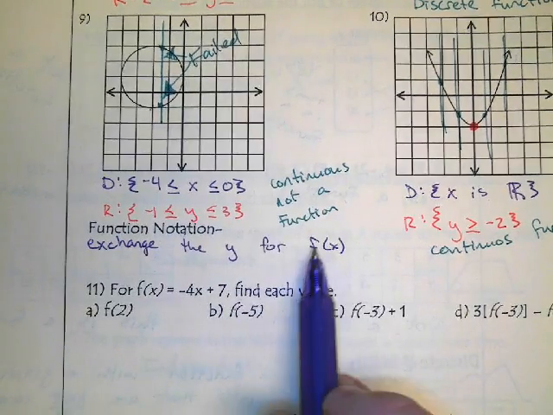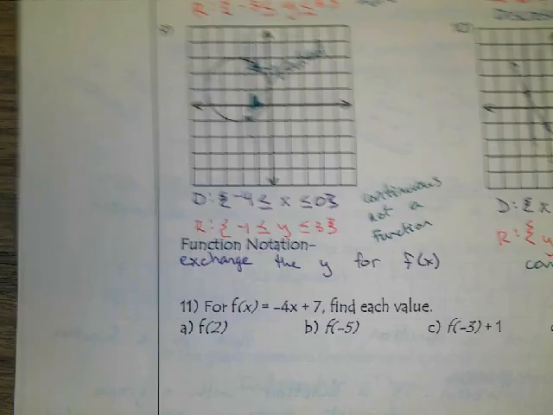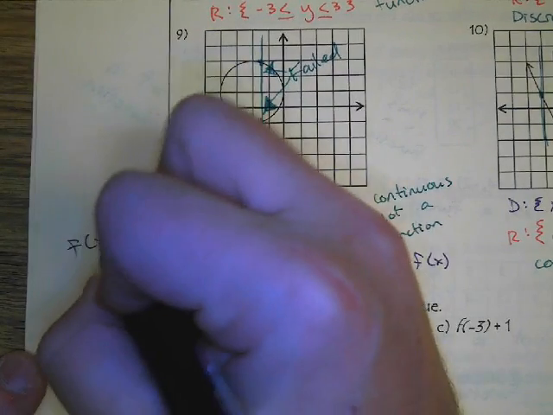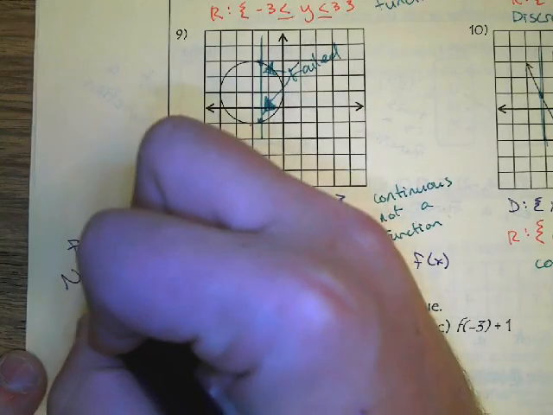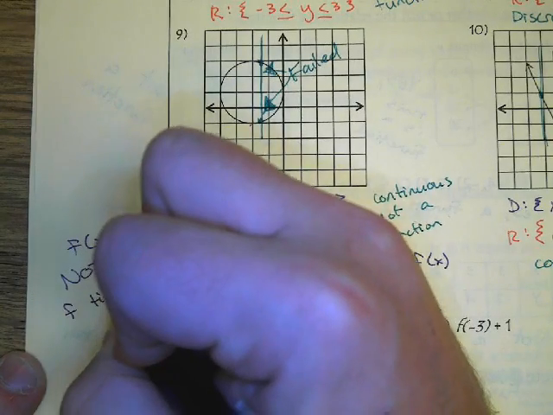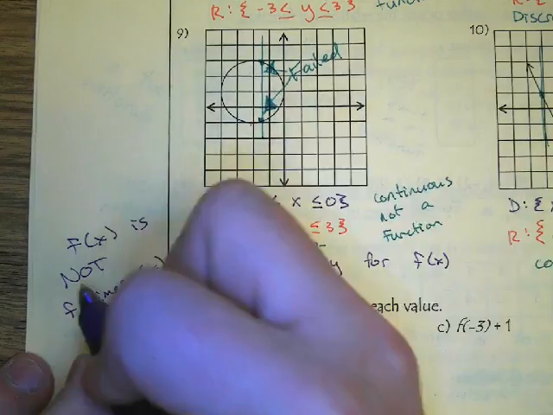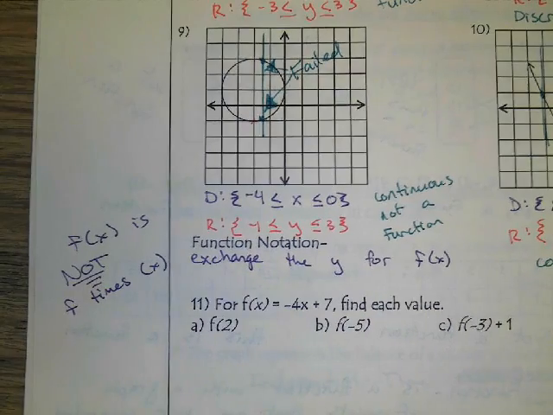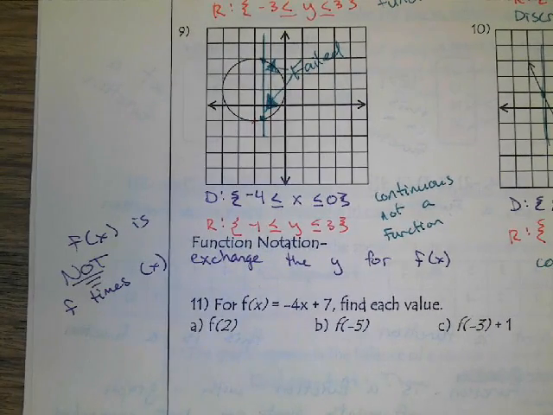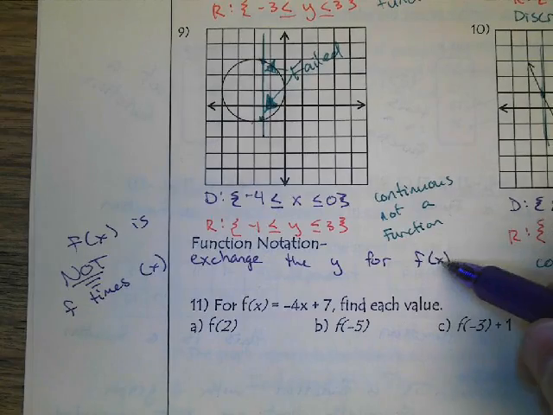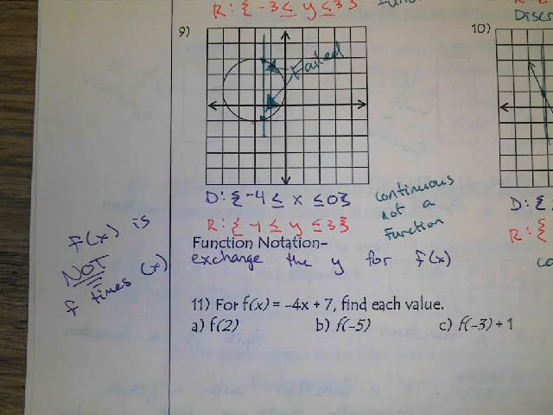This is not f times x. I cannot stress this enough. F of x is not f times x. We're not multiplying f and x together. It's a notation that tells me a number that I'm inputting into my equation.